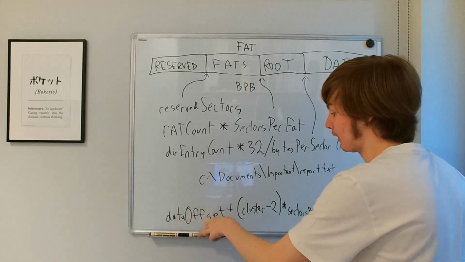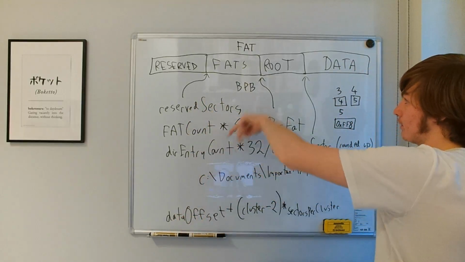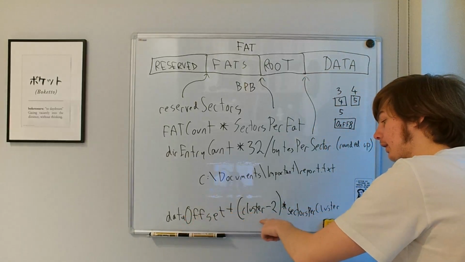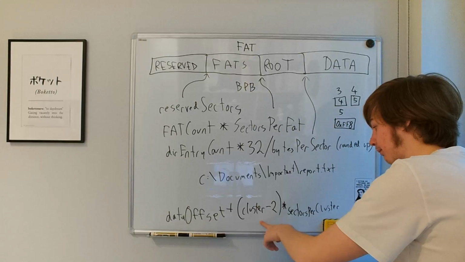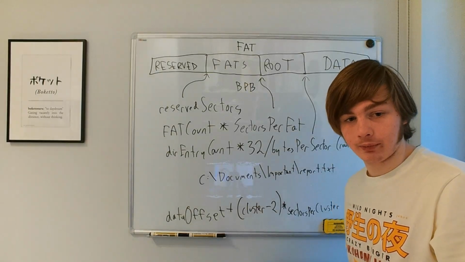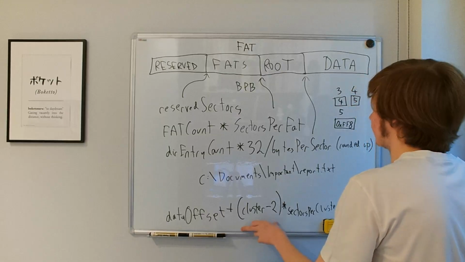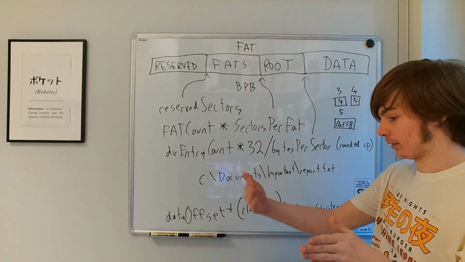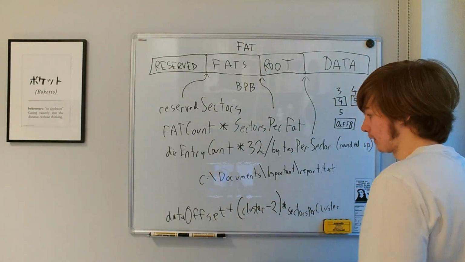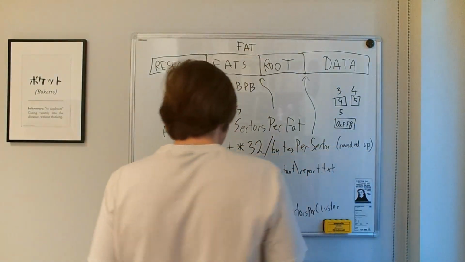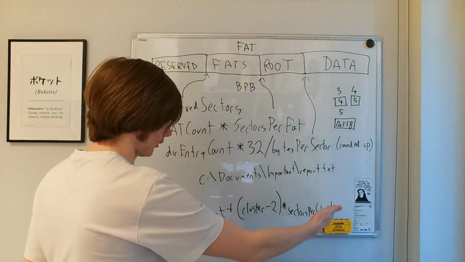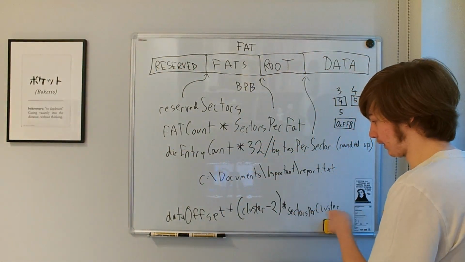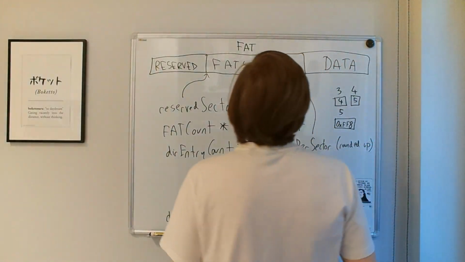From the data offset, which is all those things summed, plus cluster minus 2, because the cluster ID is actually higher by 2 than what you're supposed to read, times sectors per cluster, so how many sectors you have to move in order to get to the next cluster. So you read from this offset the amount of sectors that is in a single cluster.